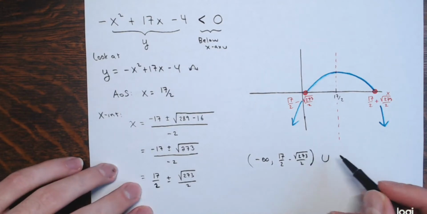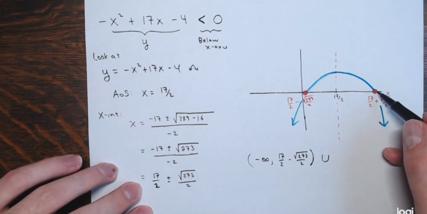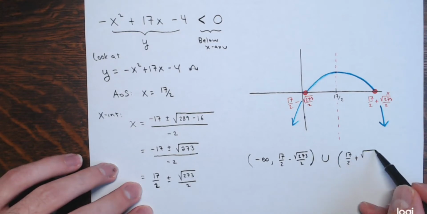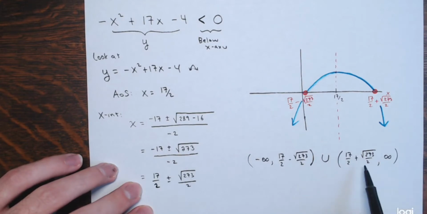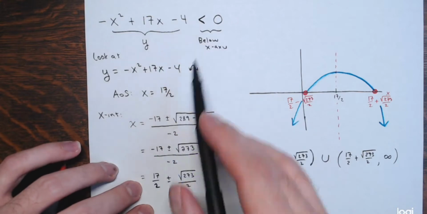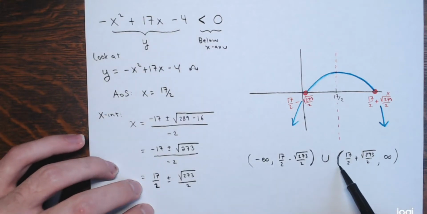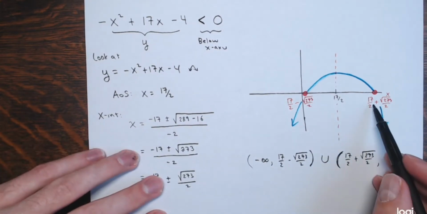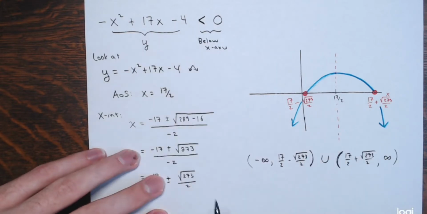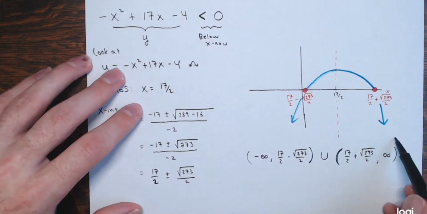Or these values over here, from 17 halves plus the square root of 273 over 2 to infinity. These values give me y values less than 0, so they satisfy this inequality. And again, a parenthesis on this because 17 halves plus the square root of 273 over 2 makes this equal 0, not less than 0. And there you go.